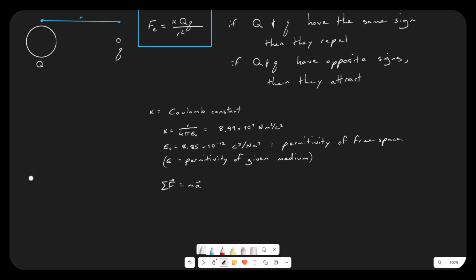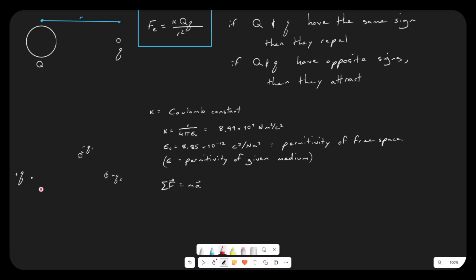So if I've got this object here, and I've got an object over here, and maybe it's nailed down in place, and then I've got an object over here, and it's nailed down in place, we'll say Q1, Q2, and maybe we'll have this one be positive, this one be negative, this one be positive.